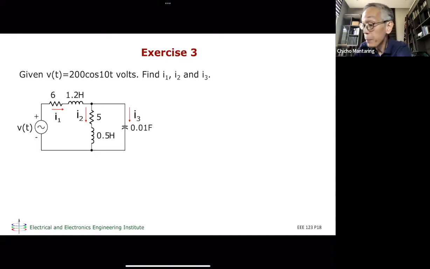Okay, so the first step is to transform the network. Okay. So again, V is just going to be 200 over the square root of 2 at an angle 0 degrees.